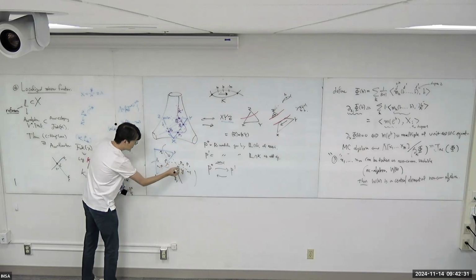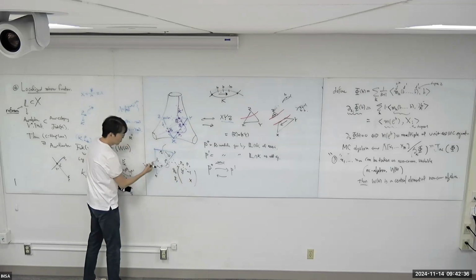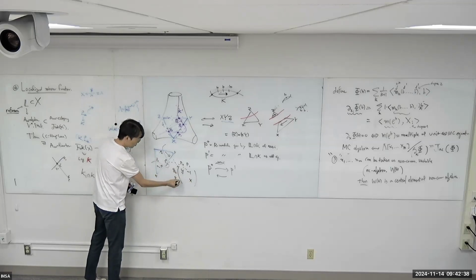From P1 to Q1, this is X. And there is no map from P0 to Q1.